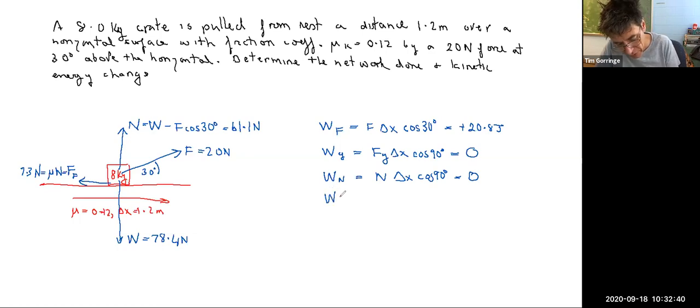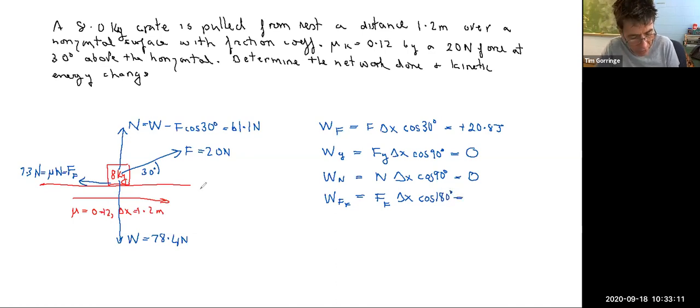Finally, we got the friction force. The work done by the friction force is the size of the frictional force. It's always the same recipe, always the same formula, just different forces, times the displacement, times the cosine of the angle between the frictional force and the displacement.